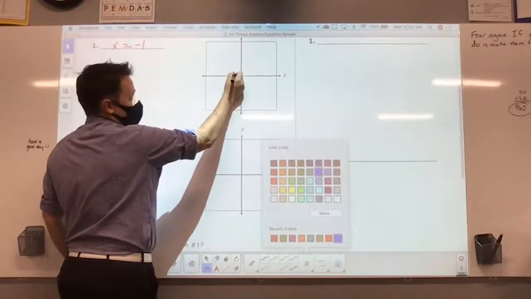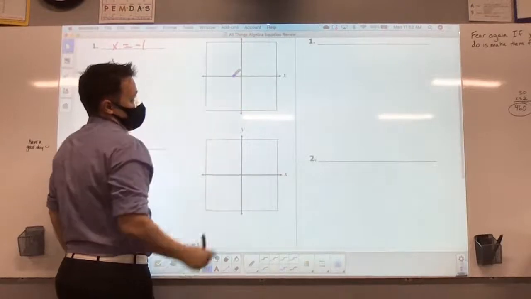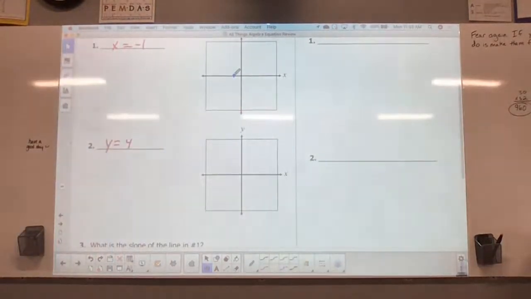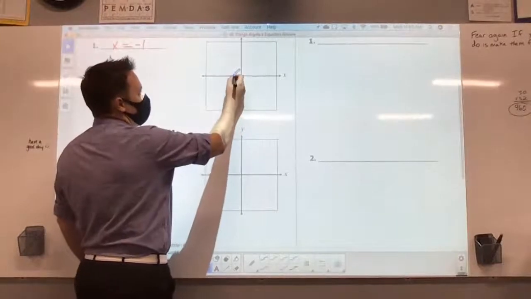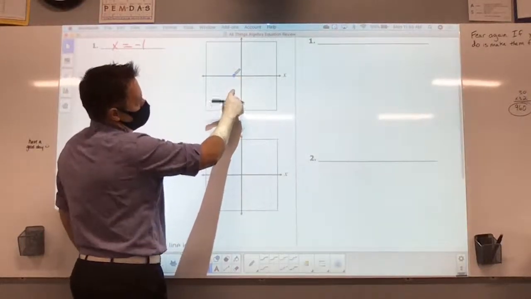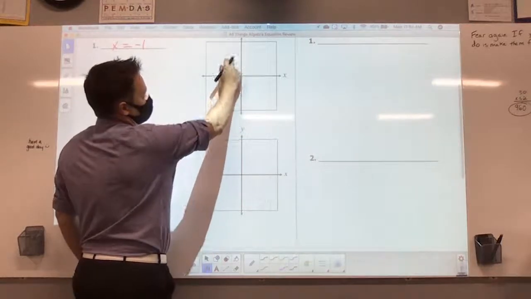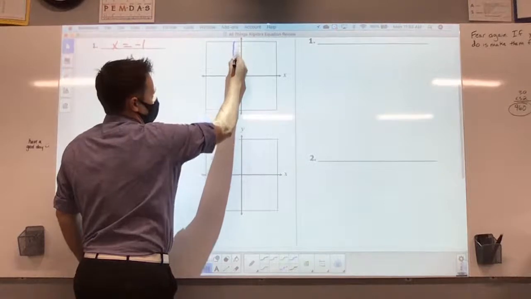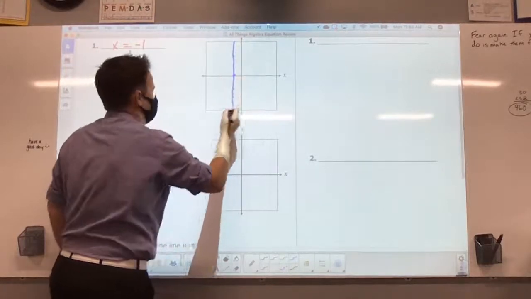So if x is negative 1, that means no matter what point I put on there, x is always what? Negative 1. So I go over and down. What point is this? Negative 1, negative 2. This up here is negative 1, 3. So this is what type of line? Vertical. Okay.